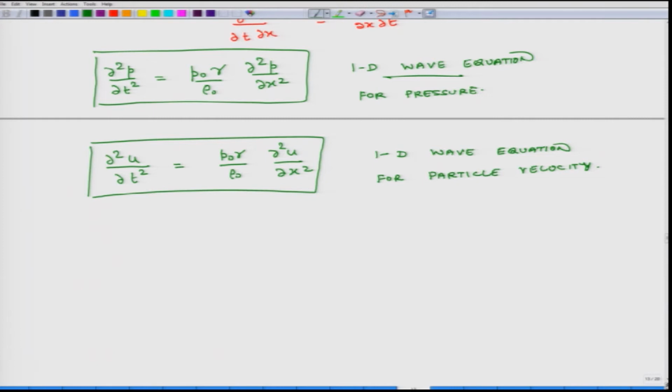Now, let us look at this term, P naught gamma over rho naught. What we do is we define a new parameter called C, and we see that C equals square root of P naught gamma over rho naught.